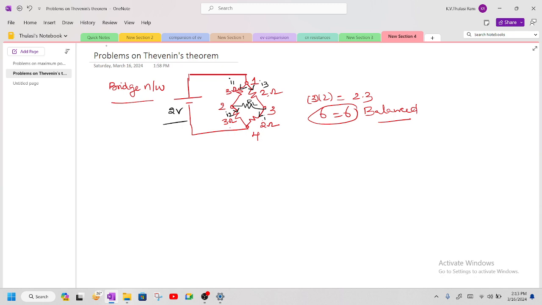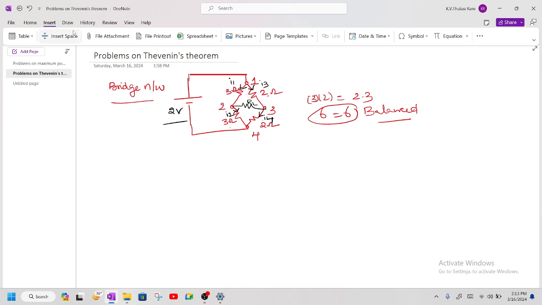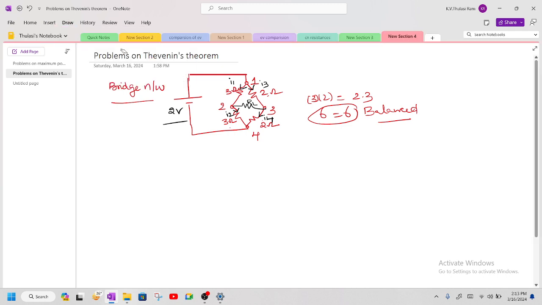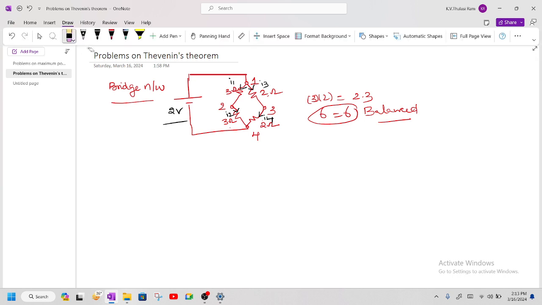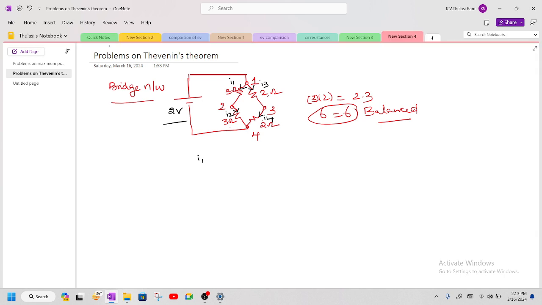The current in this branch I am marking as I3, and the current in this branch as I4. Now I am writing the equation: I1 is equal to I2, one current I am going to find out, and the second current I3 is equal to I4.